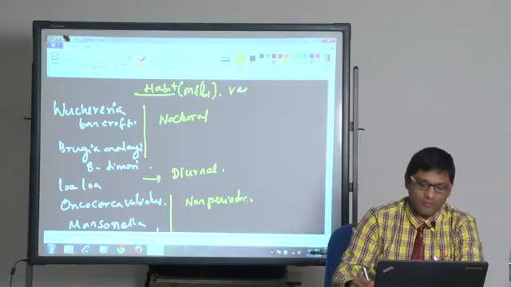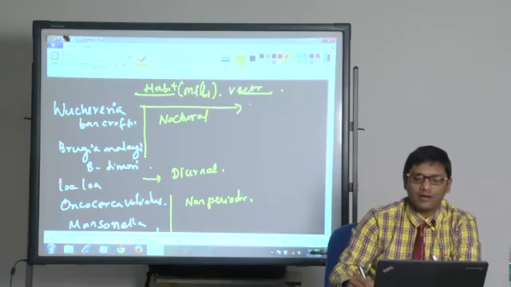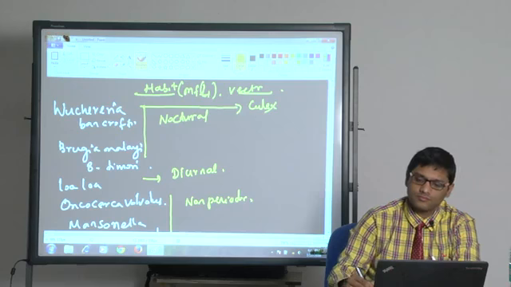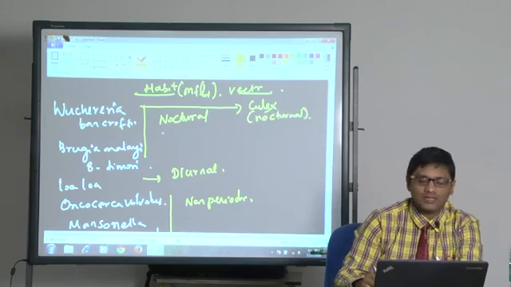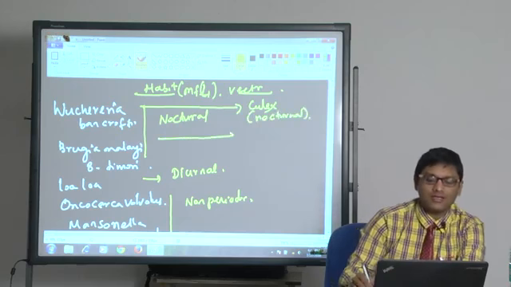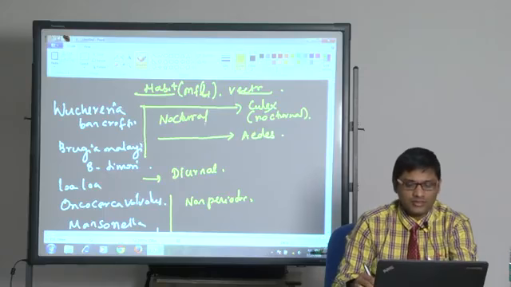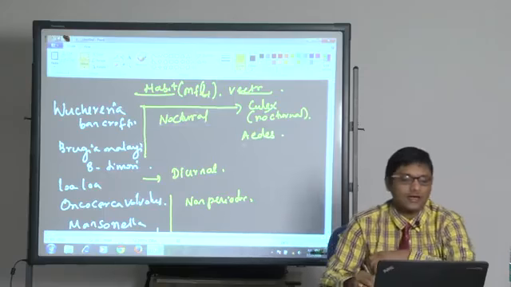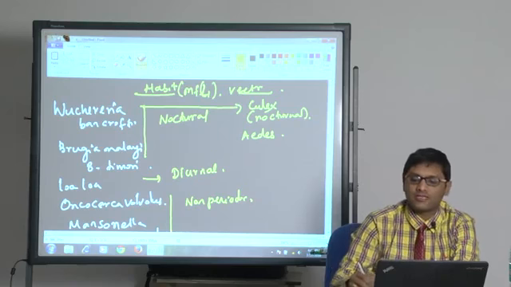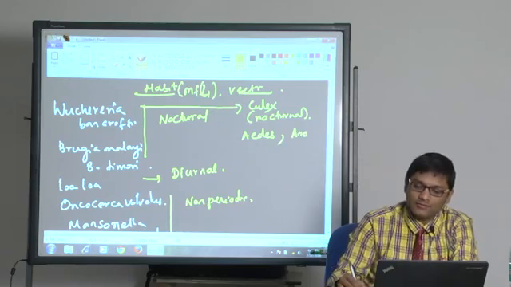Regarding the vector, for Wuchereria bancrofti the routine vector is Culex, which is nocturnal, whereas the strains that are transmitted by Aedes are sub-periodic in habitat. Wuchereria bancrofti can be transmitted by Culex, Aedes as well as Anopheles.